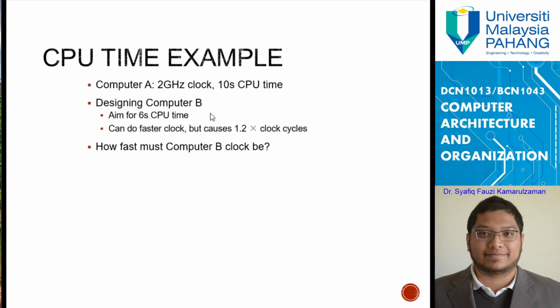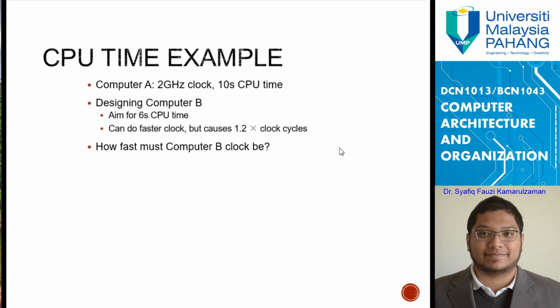So, an example here: computer A has a 2 GHz clock and 10-second CPU time. You want to design a computer B, aiming for 6-second CPU time. It can have a faster clock, but it causes 1.2 times the clock cycles. How fast must the clock be?